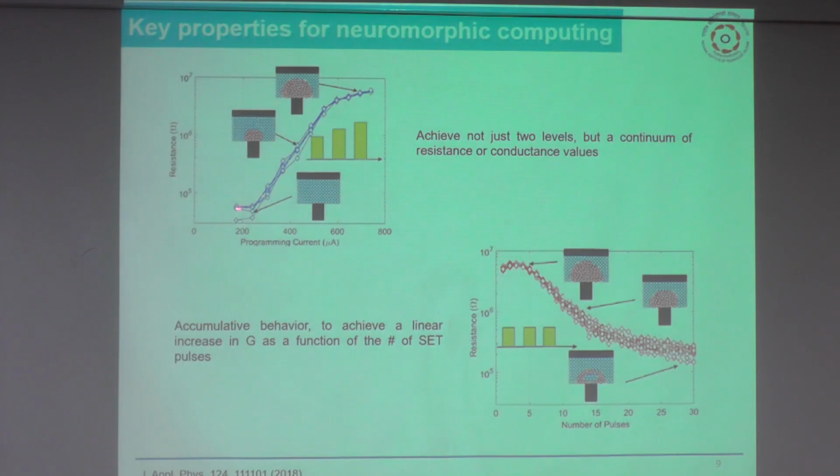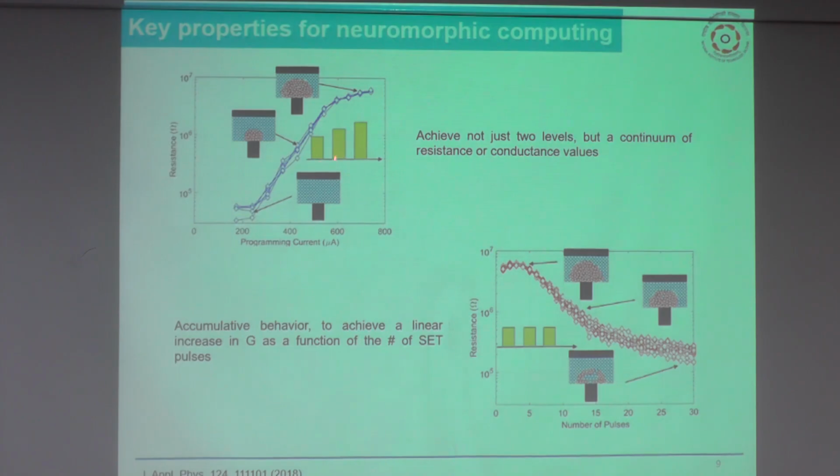In between you can see the gradual change. You can provide electrical pulses for potentiation, you can depress also, and you can tune to particular information. So it is not just two levels, but continuous levels are required, and PCM shows that property.